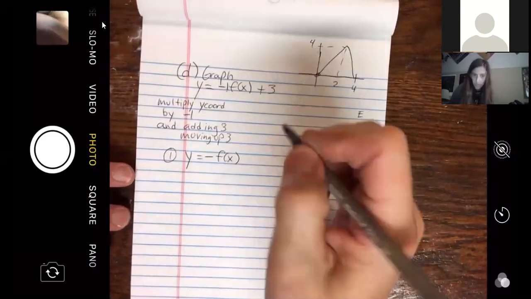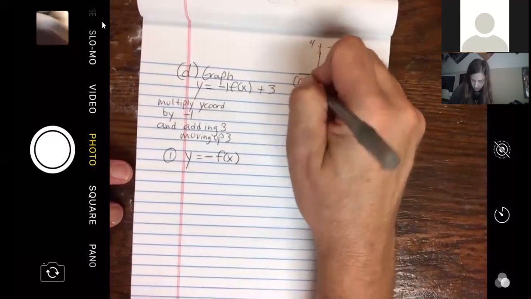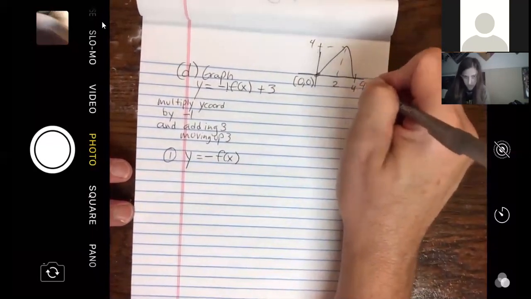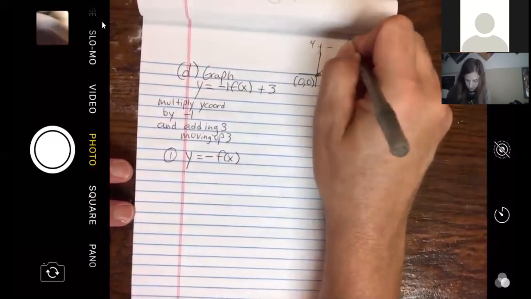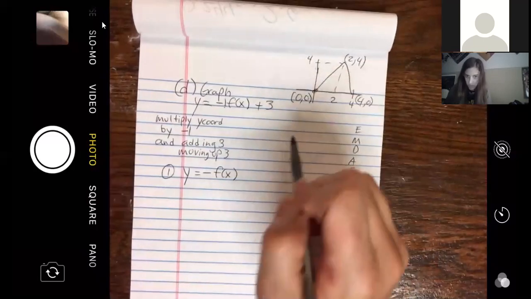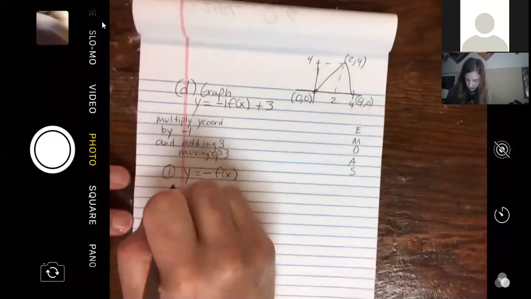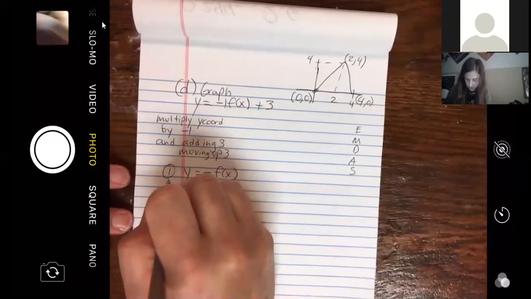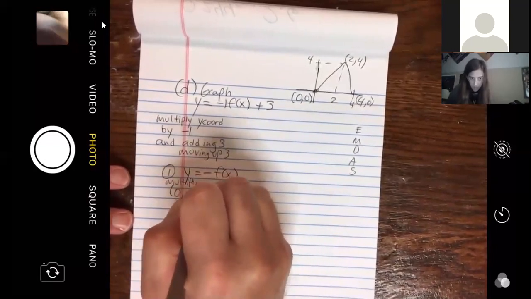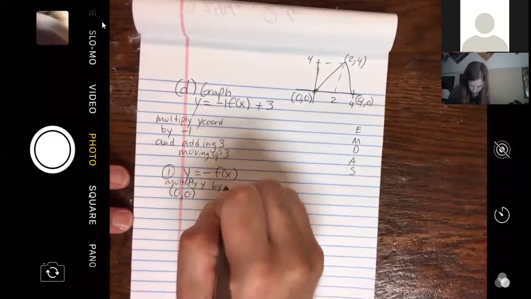Now that means I'm multiplying, so I'm going to rewrite my y coordinates: 0, 0, 4, 0, and 2, 4. And I'm going to multiply the y by negative 1. I'll rewrite them here. 0, 0, I'm multiplying the y by negative 1.